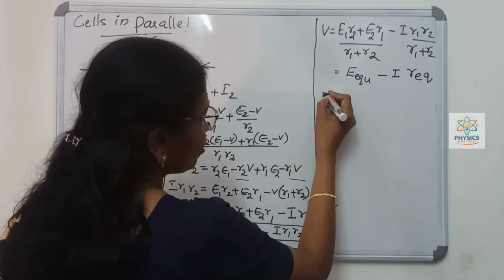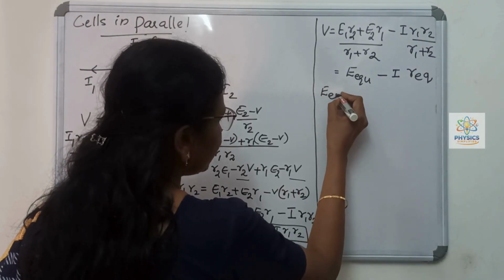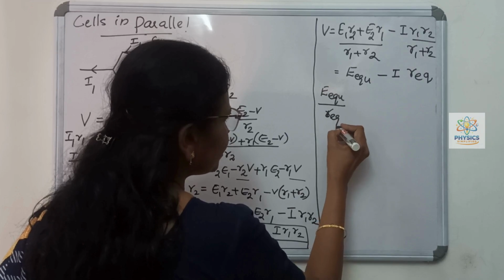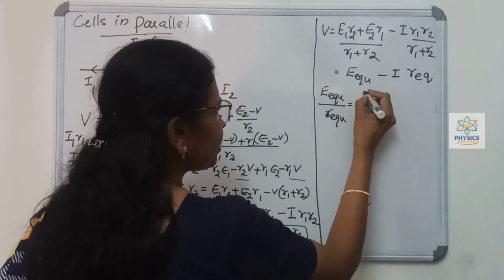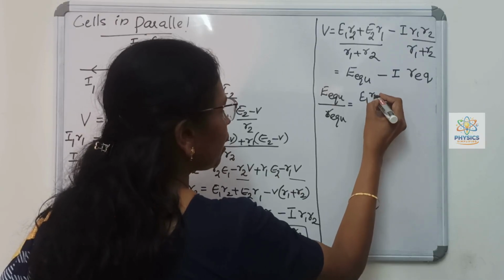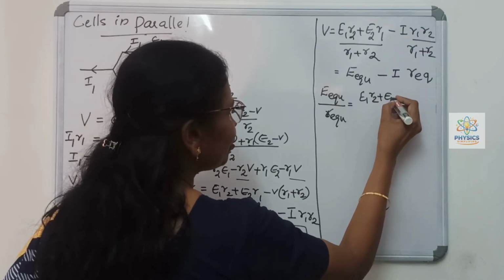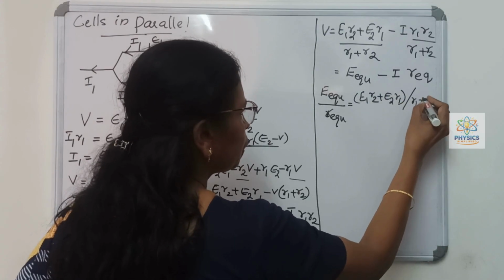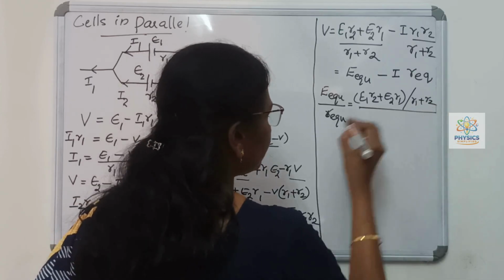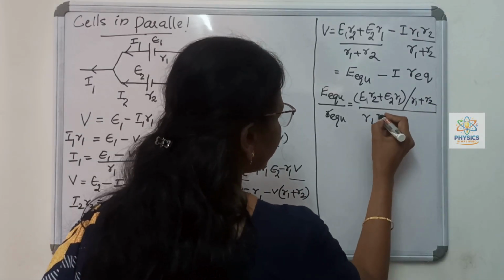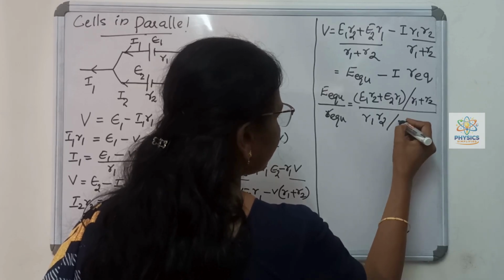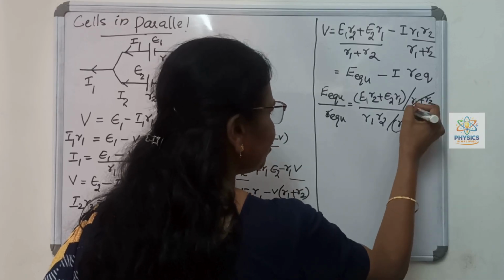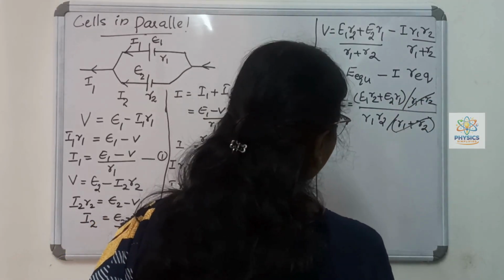If we need to calculate the ratio of E equivalent by R equivalent, we can write E1 R2 plus E2 R1, the whole divided by (R1 plus R2), by R1 R2 by (R1 plus R2). This R1 plus R2 and R1 plus R2 cancel.